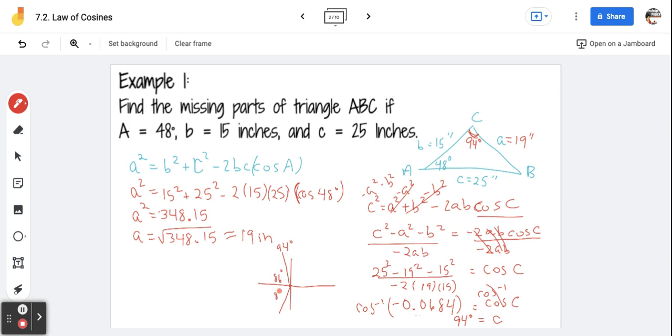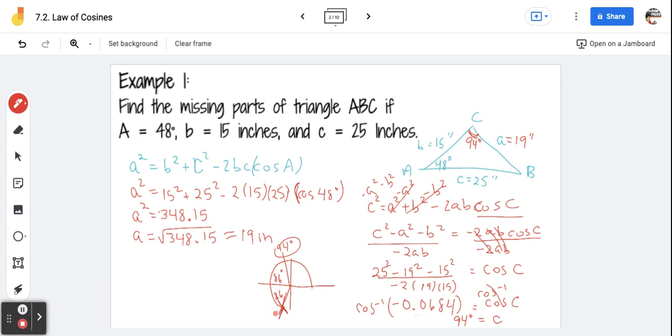And then that means this would be 86. So just to verify, 180 plus 86 is way too big to be an angle in a triangle. So I don't have to worry about the other angle here. It's not possible because it's bigger than 180 degrees, which is all three angles in the triangle.